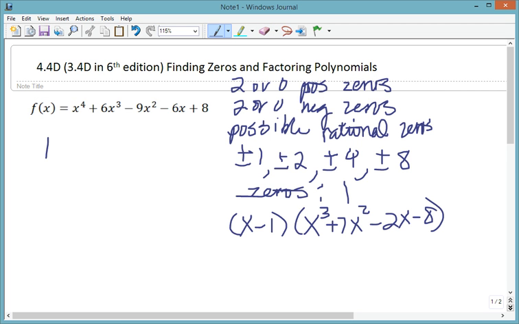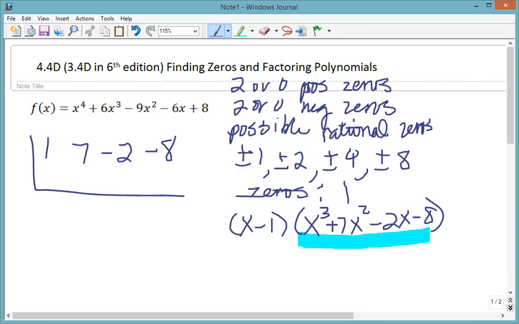Now we're going to work with just the new one, right? So now we're working with this. I don't need to do it into the big equation anymore. Now I'm working with a cubic equation. So every time I find a 0, it gets to be a smaller equation that I'm working with.